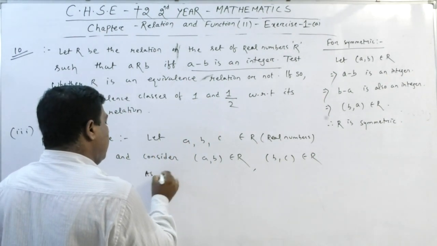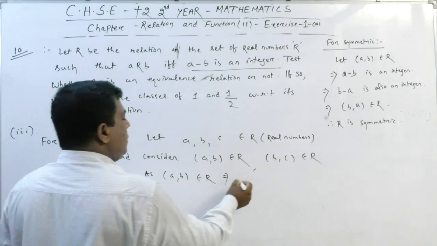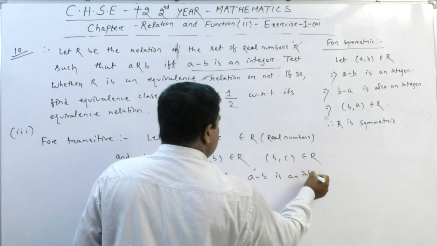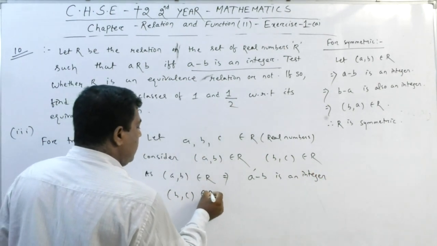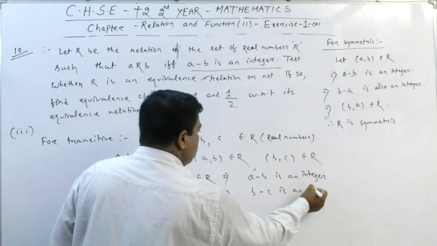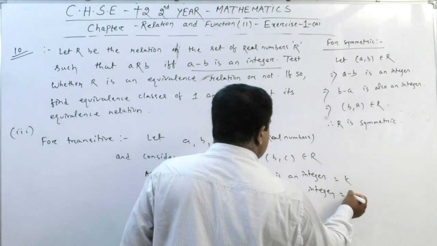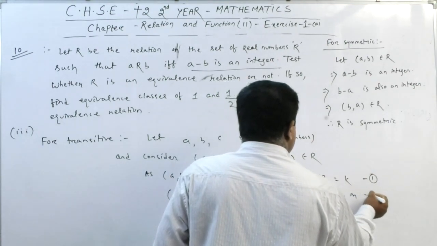As the ordered pair (a, b) belongs to R, it implies a minus b is an integer. As (b, c) belongs to R, it implies b minus c is an integer. Suppose they are equal to k and m, call them 1 and 2.